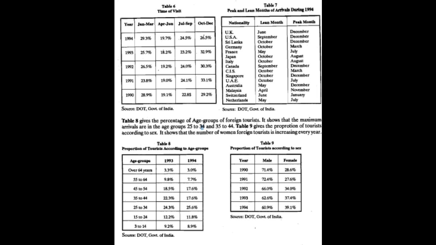The maximum number of tourists from CIS came to India during January to March and July to September, constituting about 29.6% and 27.5% respectively. The average length of stay of CIS tourists was about 23.3 days during 1994. In 1995, CIS ranking went down to 11th with a decline of 27.9%.